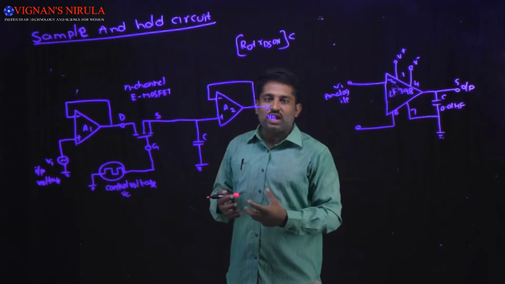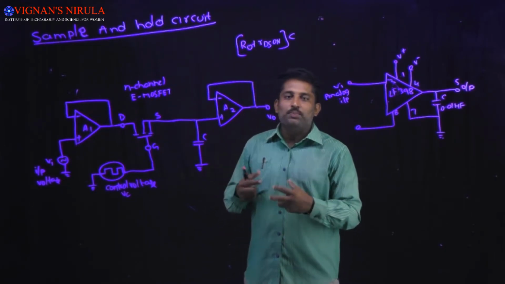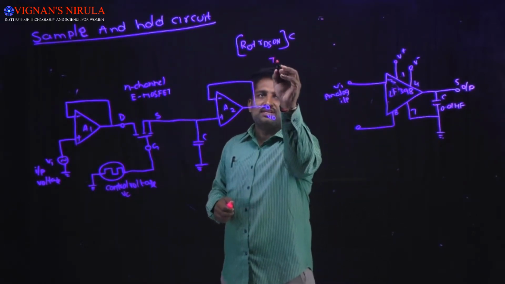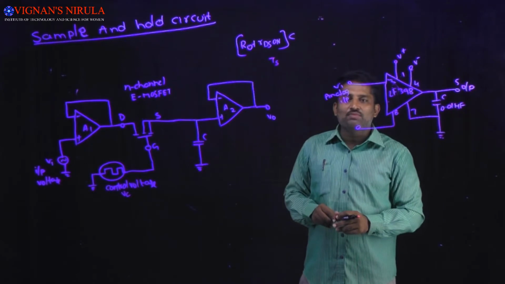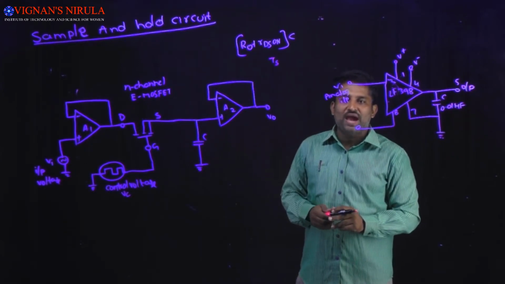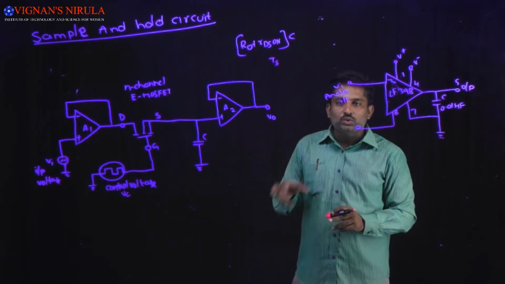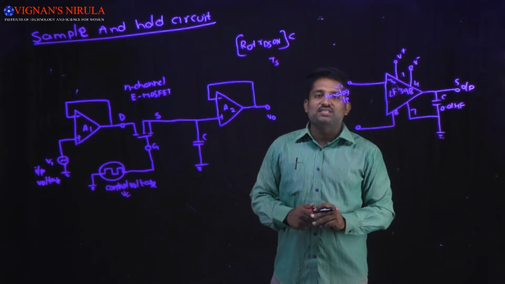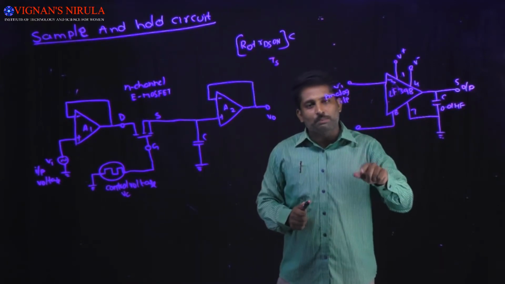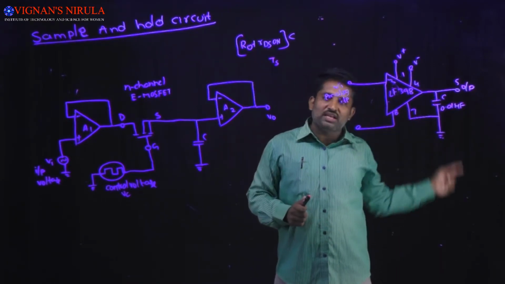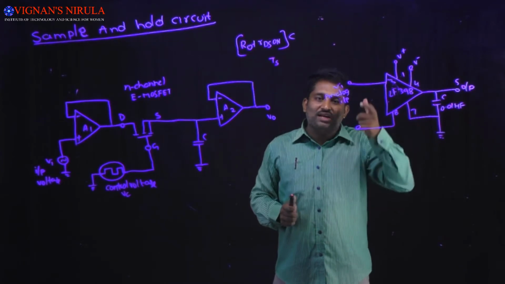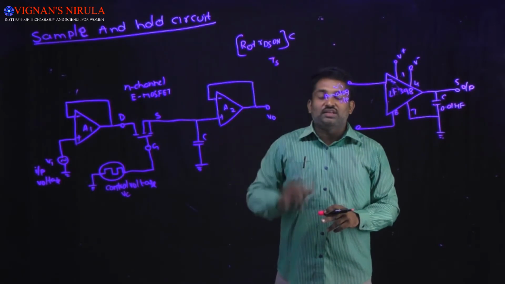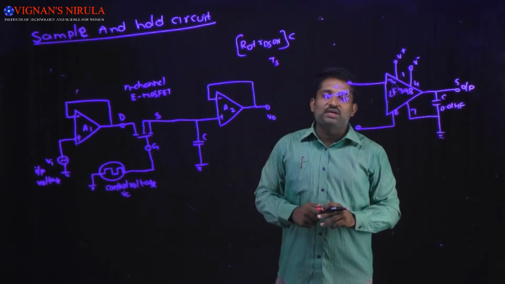Now coming to the definitions of sample time and hold time. The sample time period TS is defined as the time required to charge the capacitor until it is equal to the input voltage. We may also say that the time for which the voltage across the capacitor equals the input voltage is called the sampled time.